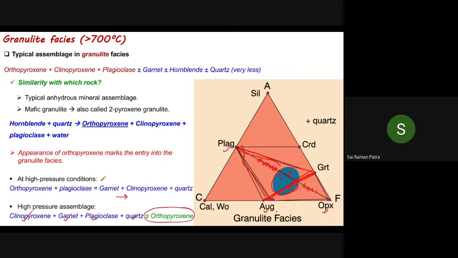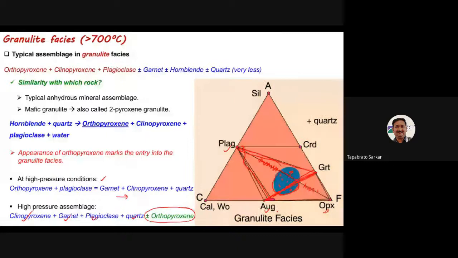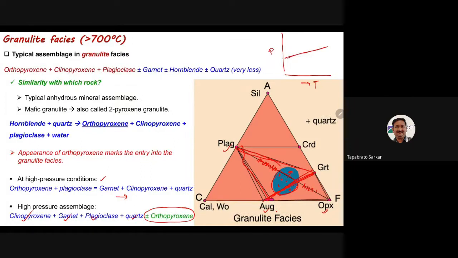This reaction is a pressure dependent reaction, which means in a PT diagram, if we have temperature on this side and pressure on this side, it will have a shallow slope, with orthopyroxene plus plagioclase on the lower pressure side, and garnet plus CPX on the higher pressure side. Again, why is it so?